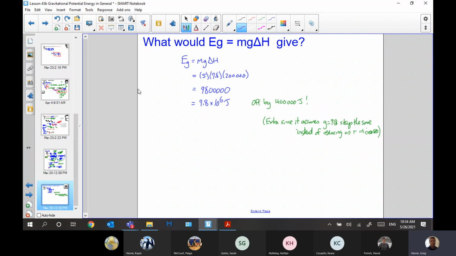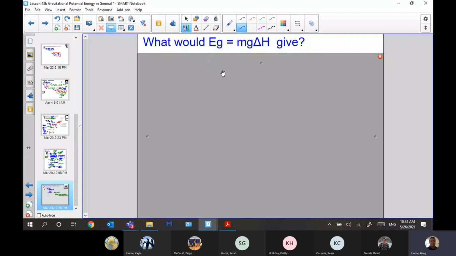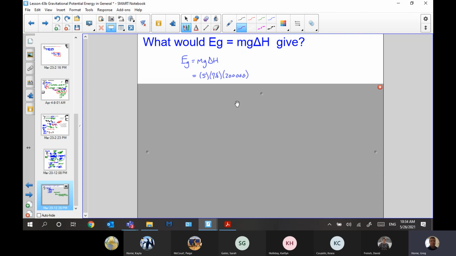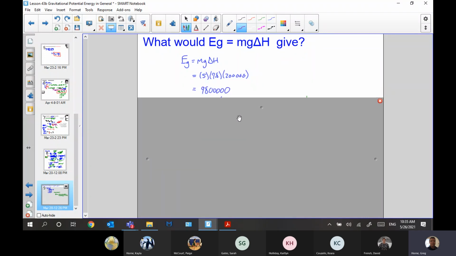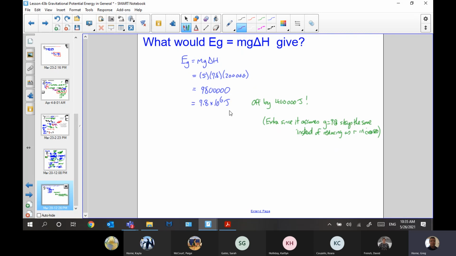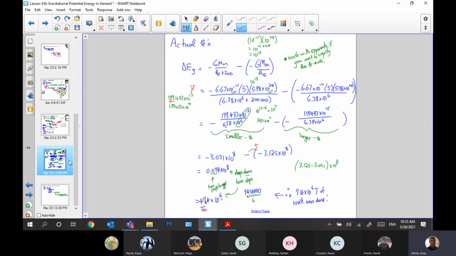Oh yeah, what would the old school EG equals mg delta h have given us? It would have been mass times 9.8 times the 200,000 meters, so it would give us 9.8 times 10 to the 6. The answer we had seems kind of close, right?